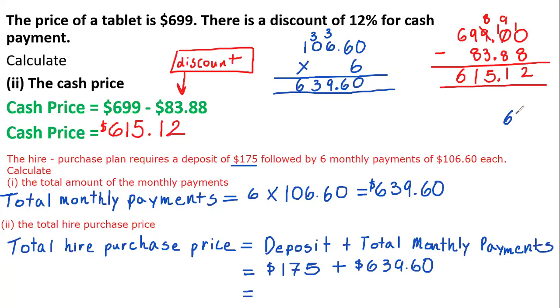So 639.60 plus 175. 0 plus 0 is 0. 6 plus 0 is 6. 9 plus 5 is 14. Very good. So it's gonna be 814.60.